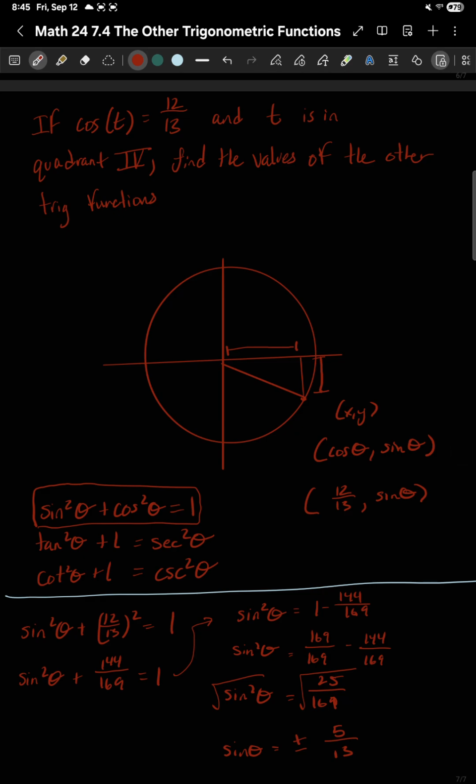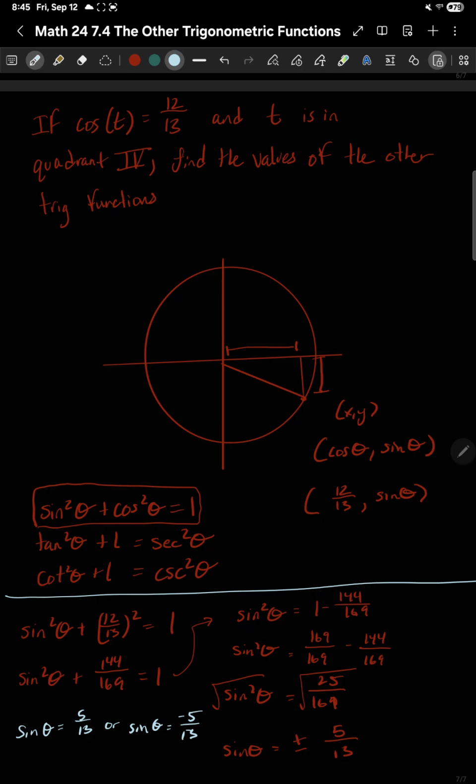Okay, so we know sine of theta is either equal to 5 over 13, or sine of theta is equal to negative 5 over 13.